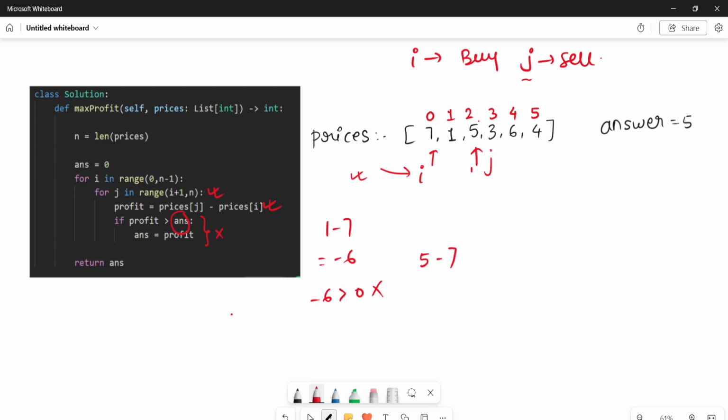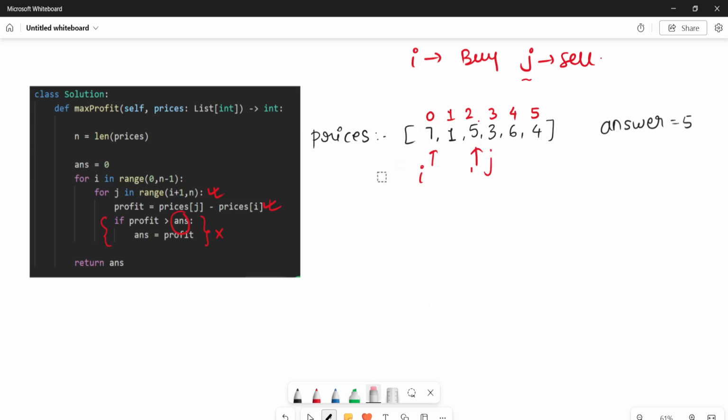We will travel the entire array, and then i will increase. So this is minus 2. Is minus 2 greater than 0? No, it is not. So this piece of code will not be executed, and this will keep on happening.